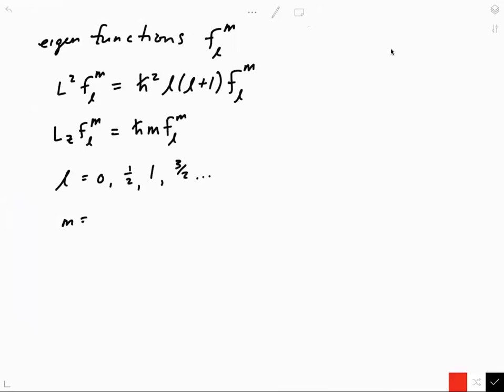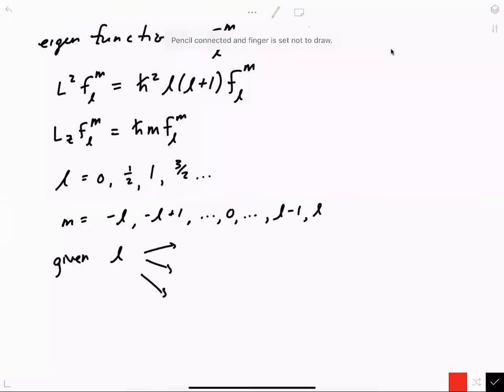Meanwhile, m would be negative L all the way up through 0 to your positive L. So for a given value of L, you're going to have 2L plus 1 possible values of m.